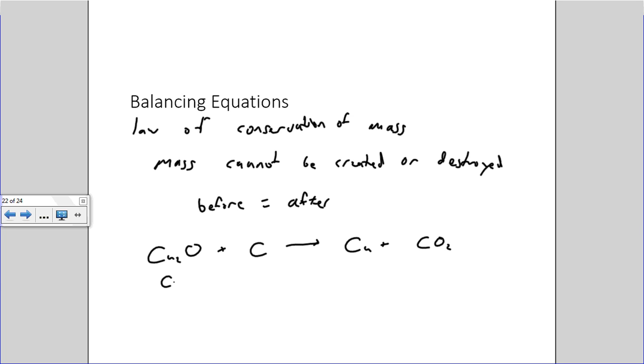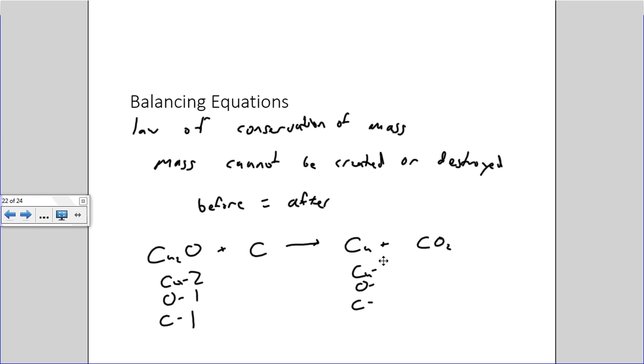On this side, I've got Cu, copper, O, oxygen, and C, carbon. On this side, again, I have Cu, O, and C. Let's do an initial count. Cu, I have Cu2, that's two of them. I have O, just one of them, and I have C, just one of them.